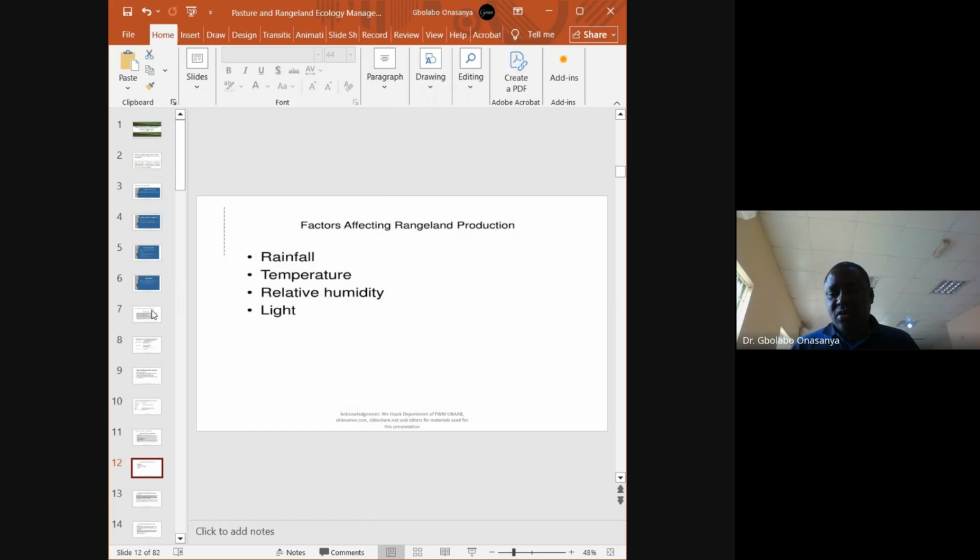We have biotic factors and abiotic factors. Abiotic factors are rainfall, temperature, relative humidity, light, soil factor. And biotic factors: human activity can affect rangeland production.